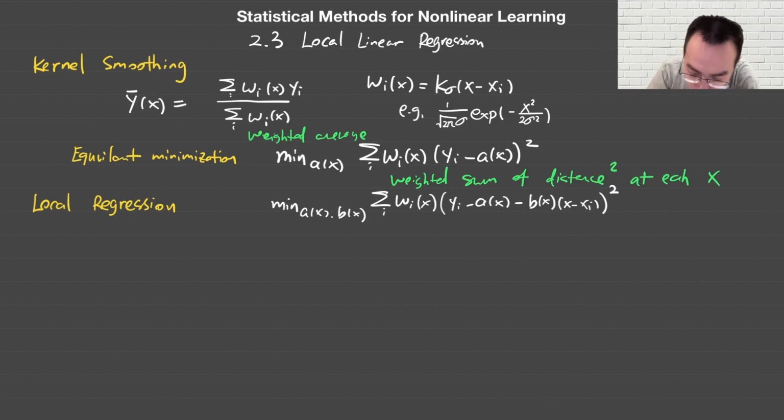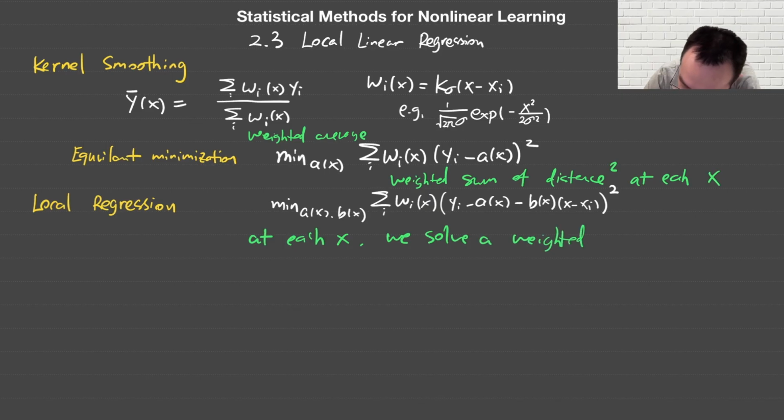For the local regression, it is very similar to that, except that we are adding a slope term to this minimization problem. What this means is that at each point x, we have a weighted least square problem, a regression problem. So at each x, we solve a weighted least square problem.